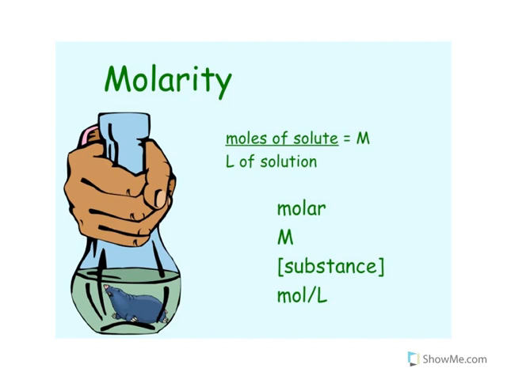And you'll see different symbols referred to this, so you'll either see a capital M, or you'll hear things referred to as a 6 molar solution, or you'll see the concentration of a substance in square brackets like this, to show this is a particular molarity of a solution, or you'll see moles per liter written out.